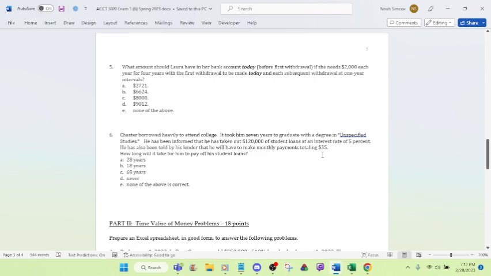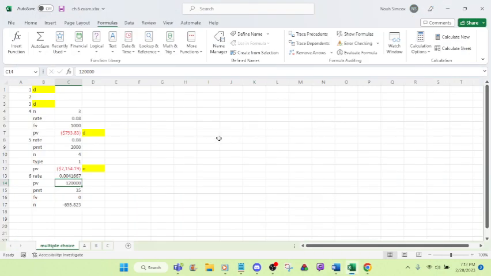His monthly payment is $35, if he just pays $35 a month until all of the debt is paid off. I just don't understand why this and this can't be opposite signs. That's how that works.